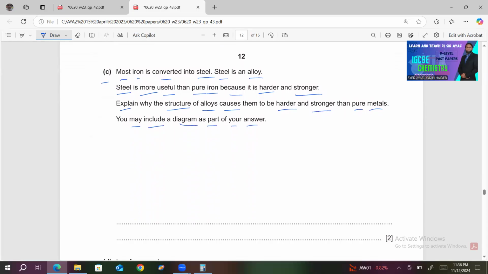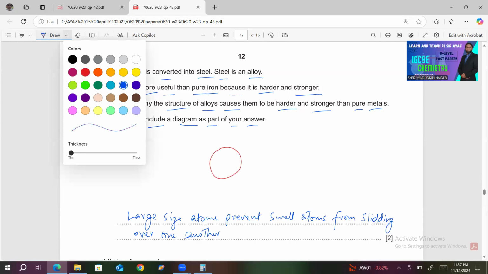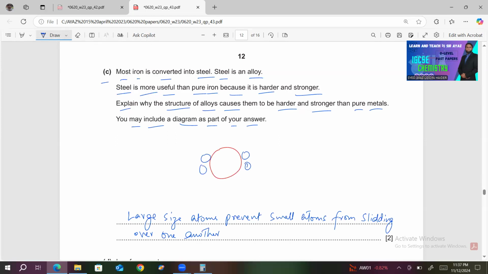So you can write large atoms prevent small atoms from sliding over one another. As they are saying, you can include the diagram in your answer. So you have one big atom like this, and then you have lots of small metal atoms like this.